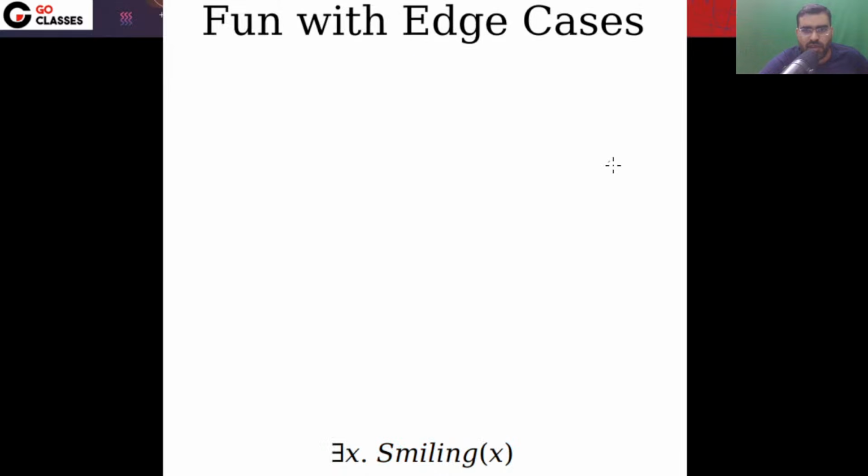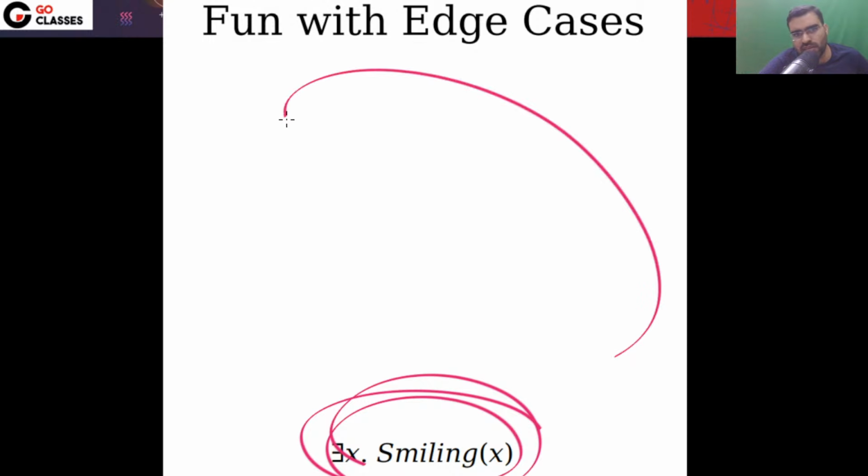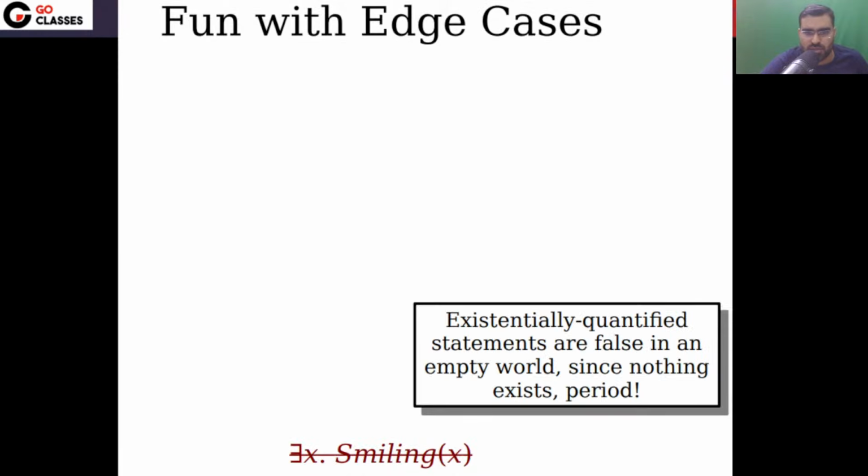When you have an empty room and you say someone is smiling, that is a haunted movie, and that is why you can easily see this is false. The reason is very simple: there is no one here, no witness, to make it true.